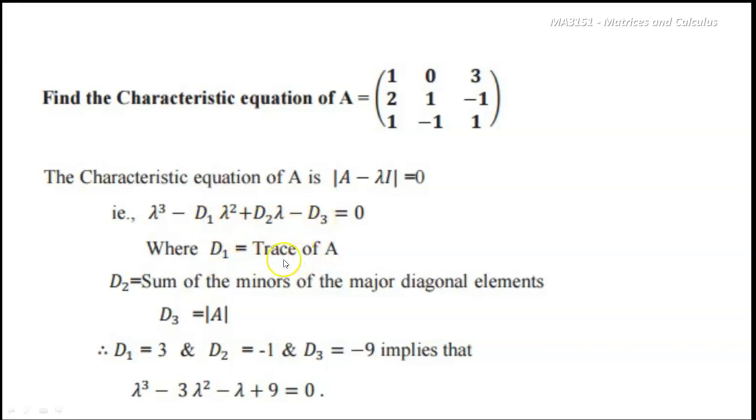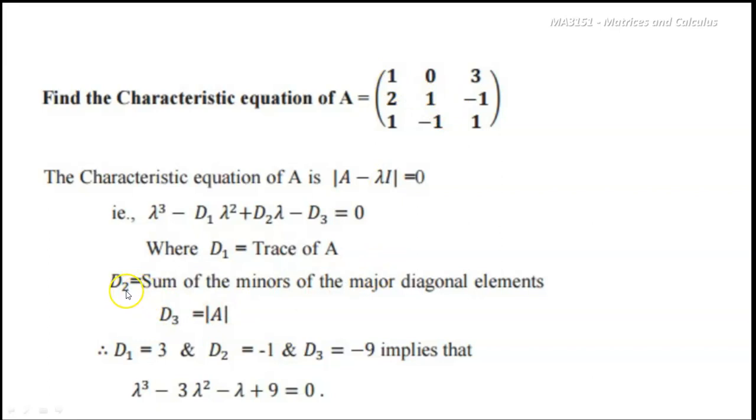D1 is nothing but the trace of the matrix A. Trace of A is nothing but the sum of the diagonal elements exist in the given matrix. D2 formula, sum of the minors of the major diagonal elements. Since we have 9 elements in the matrix, for each and every element we can calculate minor.